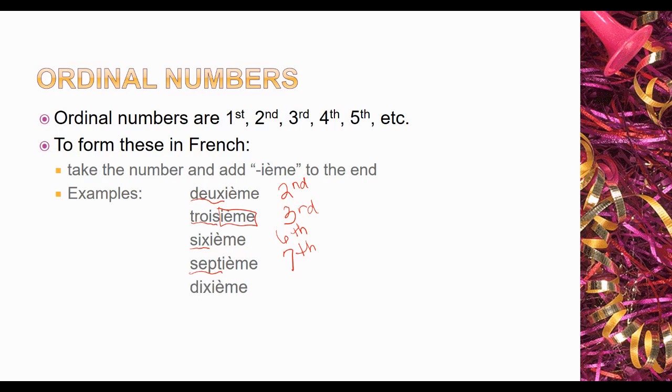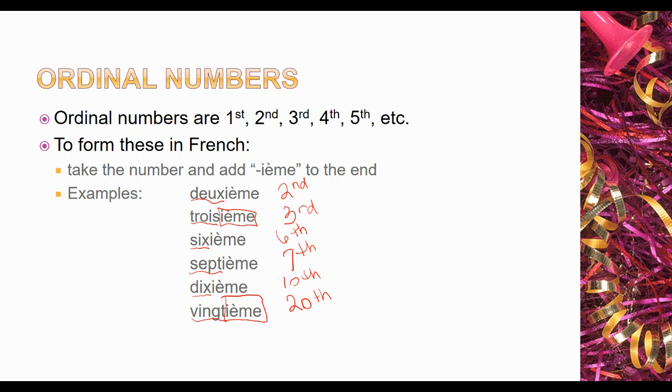Now dixième. Again, we have that X, since there's a lot of numbers in French that do end in that X. So dix is 10, and dixième is going to be 10th. Now, vingt. Remember, vingt is 20. So vingtième is going to be 20th. Once again, we are just adding on that -ième at the end.